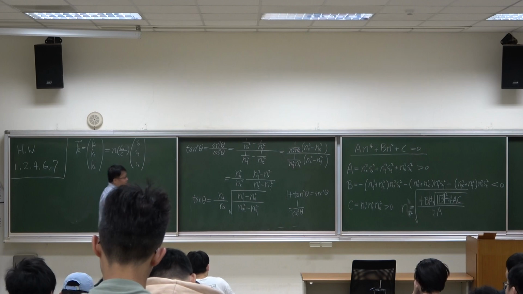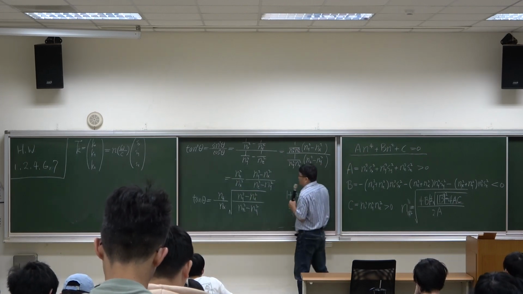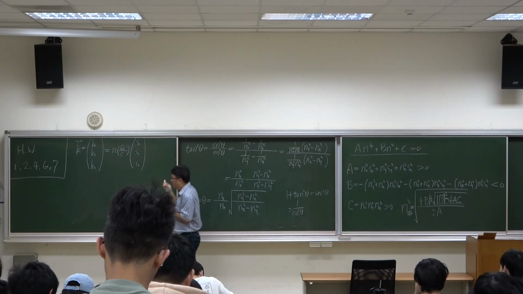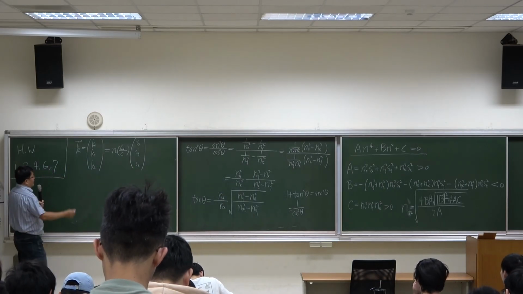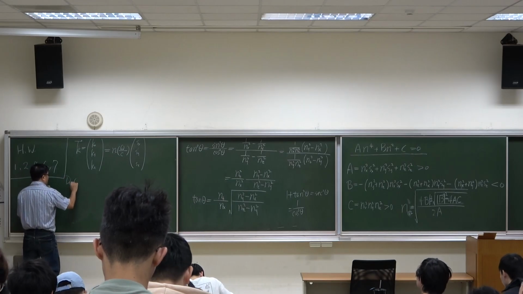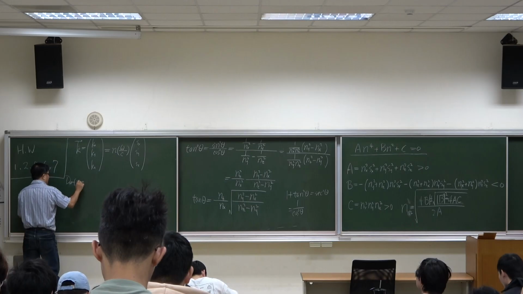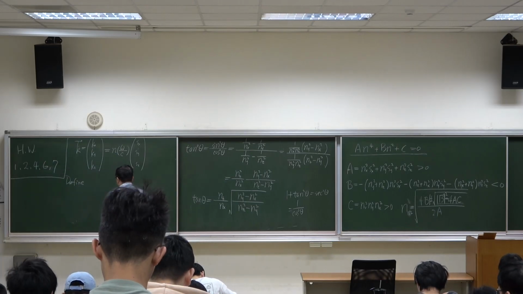Here n is the solution of this equation. N is the refractive index. I define a new vector. I name it as P.